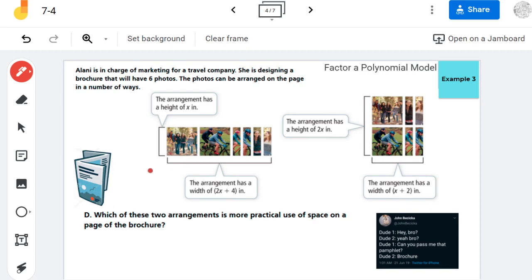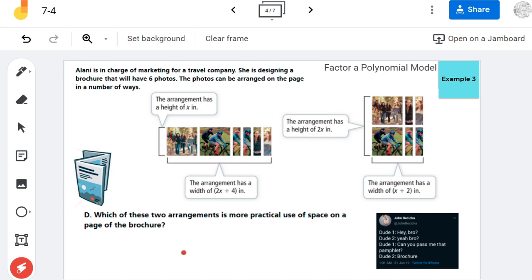So if we were to try to put this kind of rectangle on here, these would have to be really tiny pictures to line up here. And then you'd have just this huge block of text, right? Whereas if I broke up the pictures like that, they would take up kind of this bottom half or something, and then you don't have to have as much text on the page.